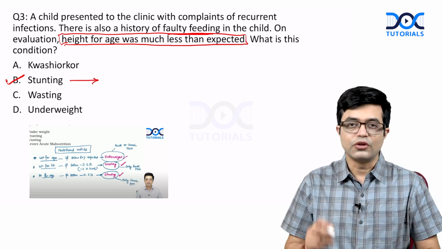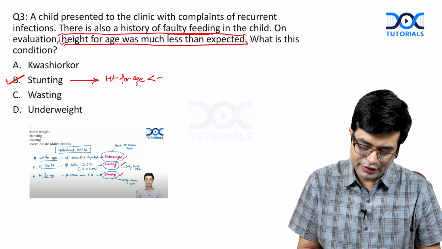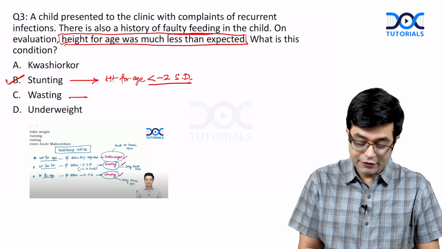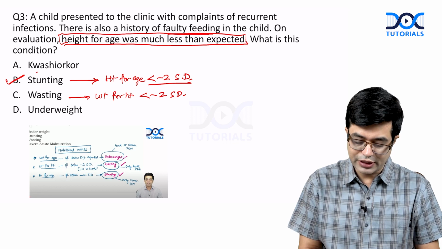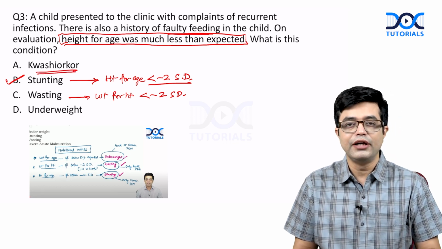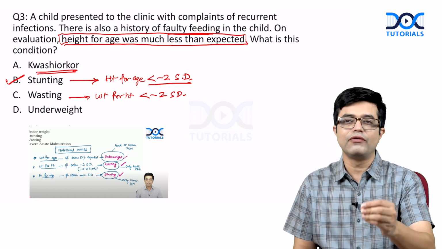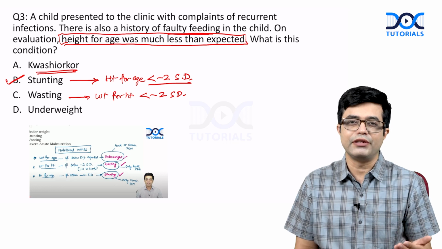What is stunting? Stunting is said to be there when height for age of the patient is less than -2 standard deviation of the expected. What is wasting? When weight for height in the patient is below -2 standard deviation. And what is kwashiorkor? Kwashiorkor is a type of severe malnutrition where there is edema along with weight for height below -3 standard deviation, what we call severe wasting.